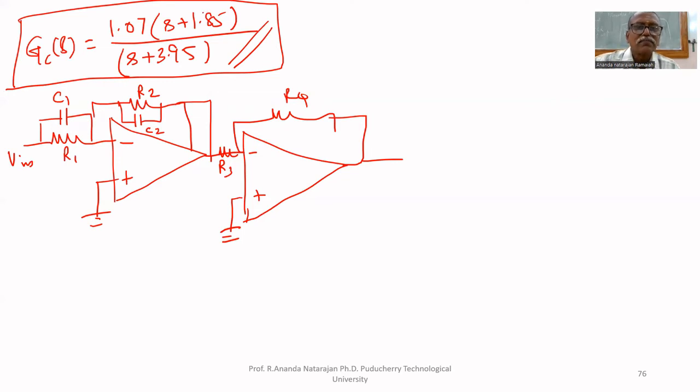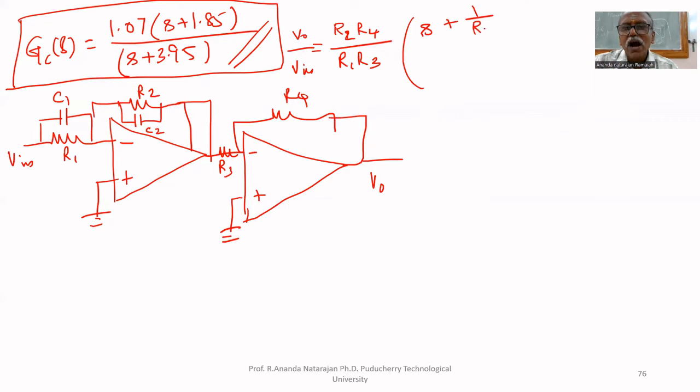Sometimes they may ask, find the circuit elements. We know that the mathematical model of this is V0 by V in equals V0 multiplied by S plus 1 by R1 C1, whole divided by S plus 1 by R2 C2. So we have to find the resistances.